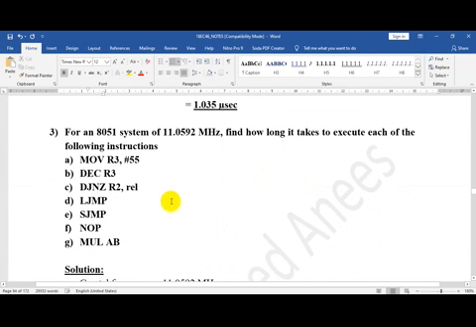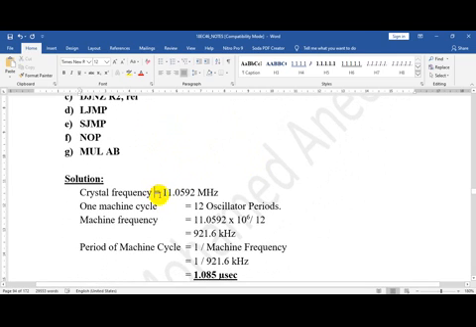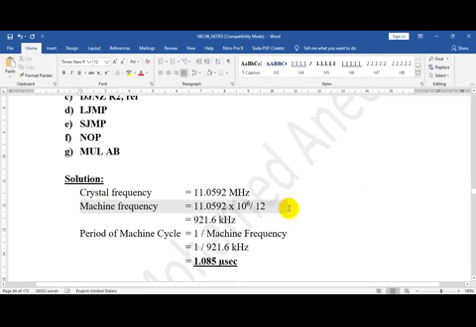Now see here, for an 8051 system with this frequency, we have to calculate how much time this code takes. First you have to calculate the value of one count. The given frequency is 11.0592 megahertz. You need not write the 12 always. Whenever the crystal frequency is given, divide by 12 to get the machine frequency, and 1 upon the machine frequency is 1.085 microseconds.